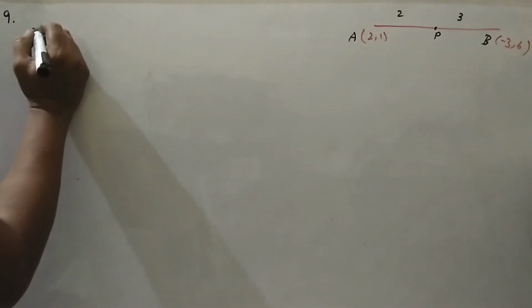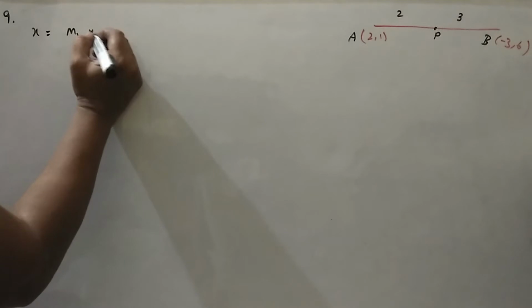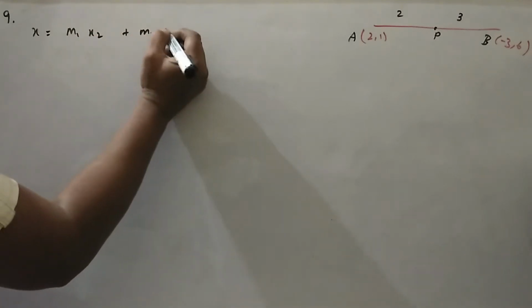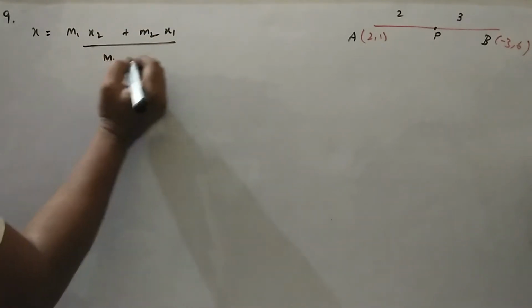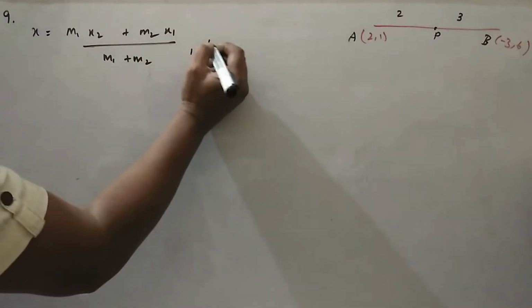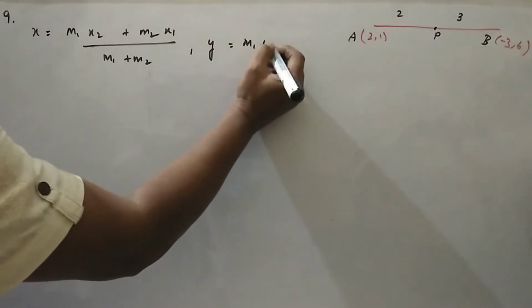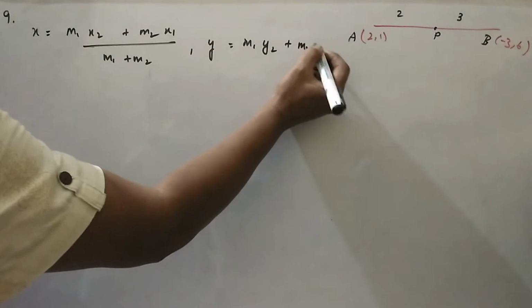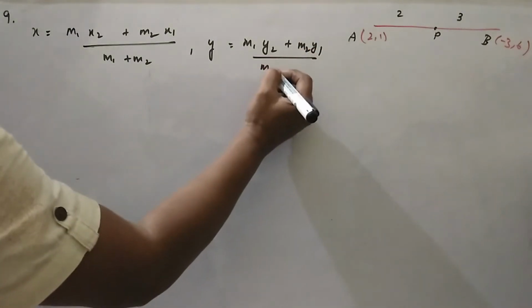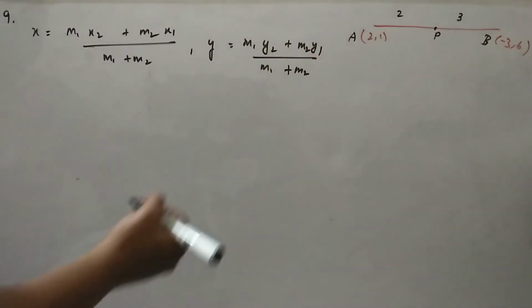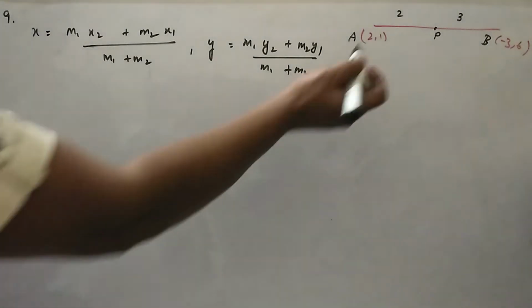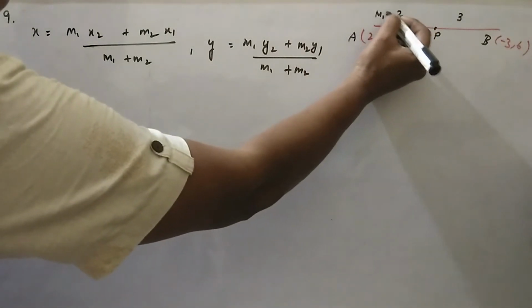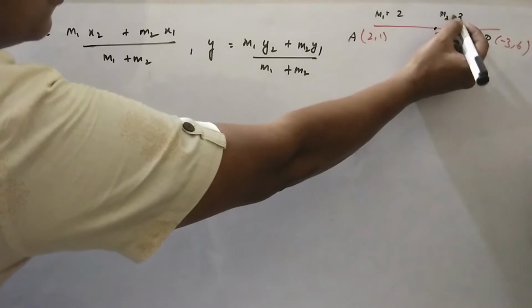So you will write x is equal to (m1 x2 plus m2 x1) upon (m1 plus m2), and y is equal to (m1 y2 plus m2 y1) upon (m1 plus m2). Now this is m1 and this one is m2.